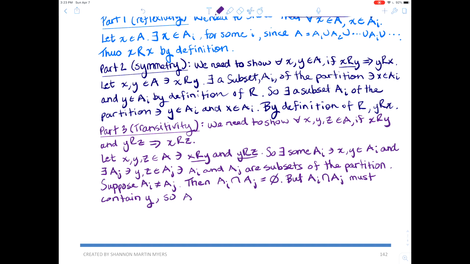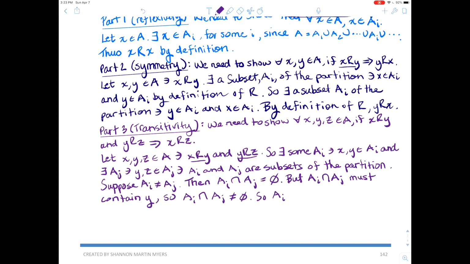So AI intersect AJ is not equal to the empty set, which is a contradiction. So when what have we contradicted? We've contradicted that AI wasn't equal to AJ.